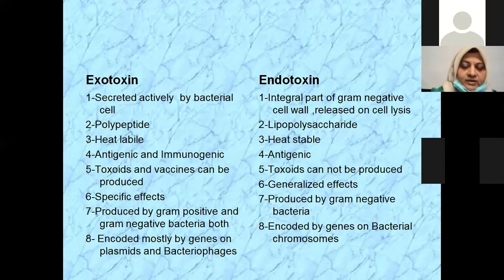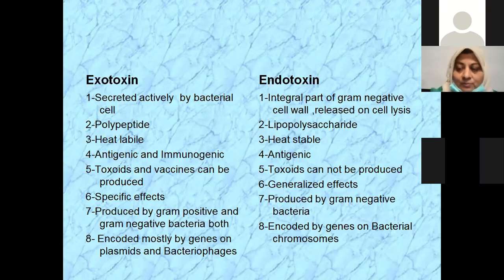Various bacteria, whether they are gram-negative or gram-positive, actively secrete these exotoxins from their cells. While endotoxin is an integral part of the gram-negative cell wall, it is released only when the cell undergoes lysis, when it is destroyed.